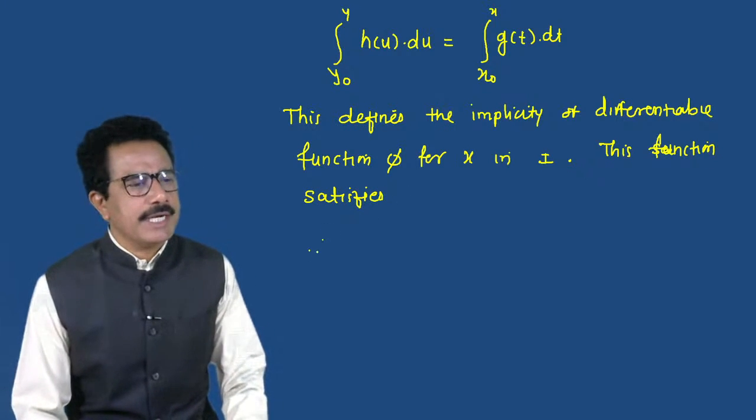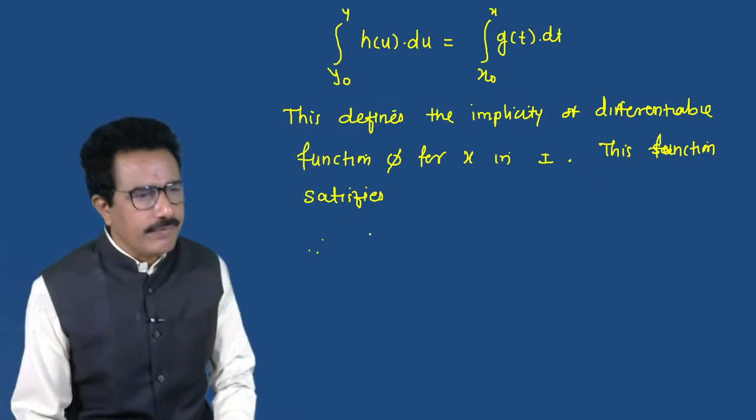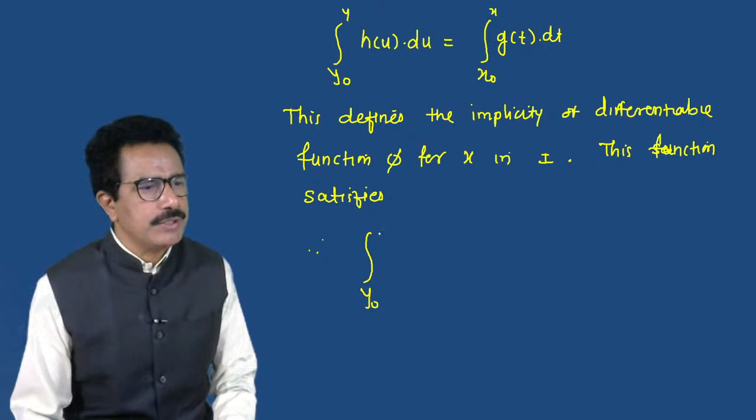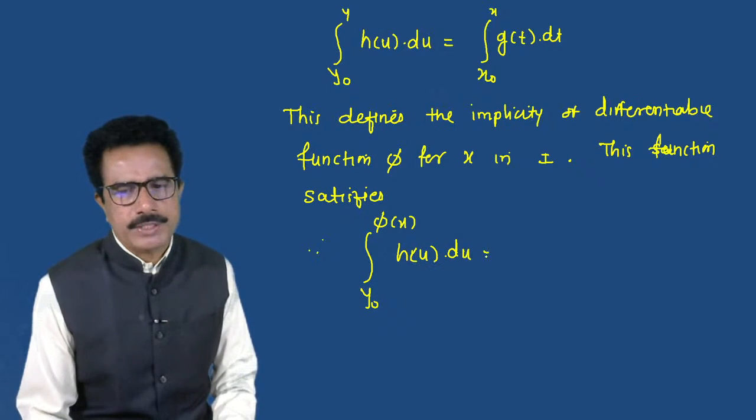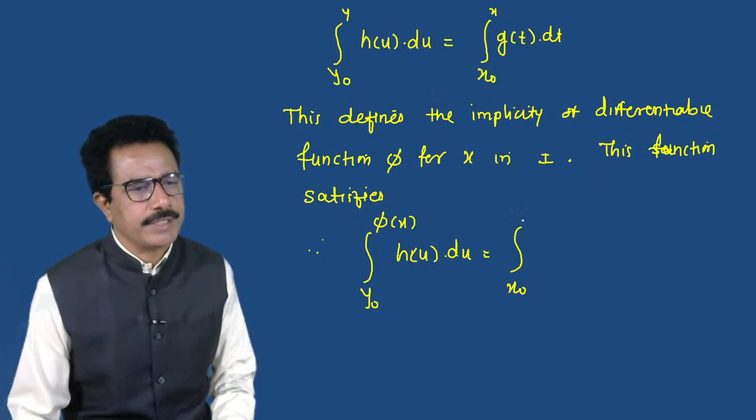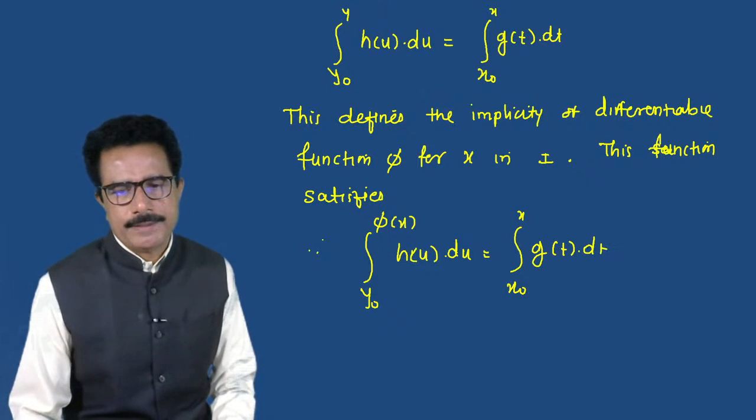We can write it in the form of the integral from y0 to phi of x of h of u into du, which is equal to the integral from x0 to x of g of t into dt.